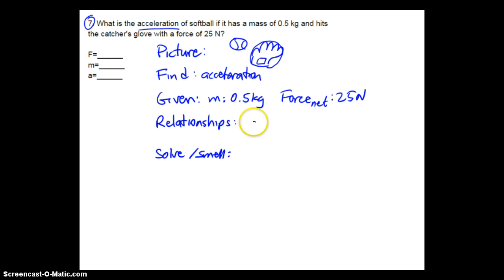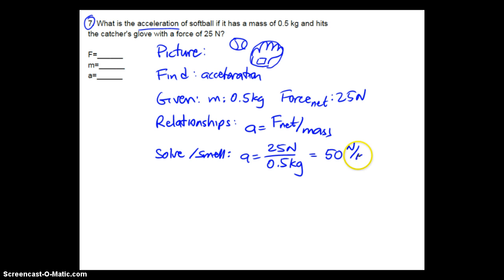Let's see if we can find that relationship. The one we've been dealing with most commonly is that acceleration is equal to our net force divided by our mass. Let's solve that. So A is equal to our net force, 25 newtons, our mass is 0.5 kilograms, we can see that we have 50 newtons per kilogram.